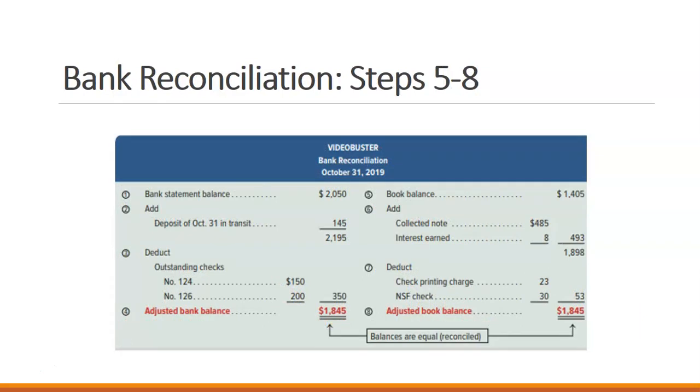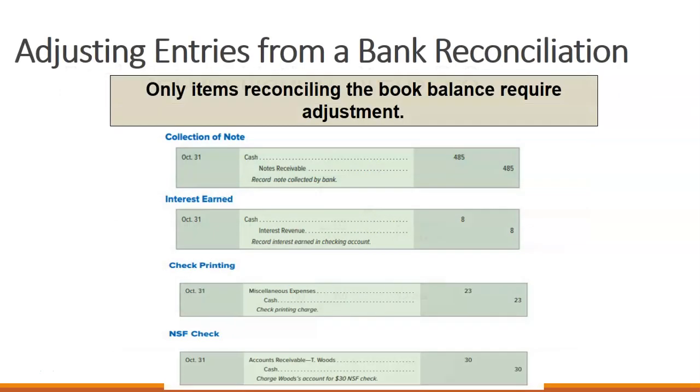We then are going to look at what happens when we do our adjusting entries. So we need to record that we received cash for a note receivable. We also need to record that interest revenue. We're going to record bank fees as miscellaneous expenses or bank fees.